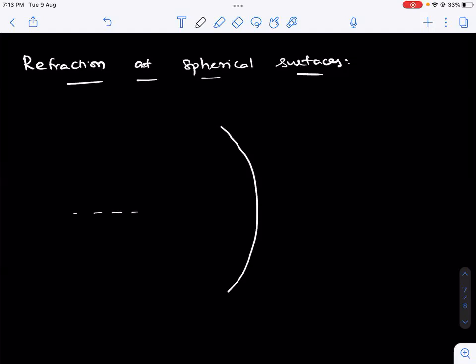Then, with respect to the curvature, we take the point P here, okay? And let's say the center of curvature is lying somewhere over here. Now, if I take a point object here, what am I considering? I'm considering a point object and not an extended object. This is a point that you need to make a note of.